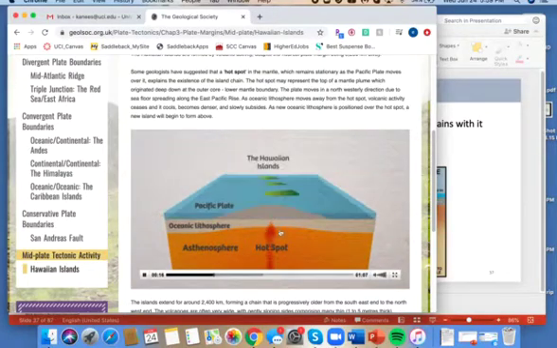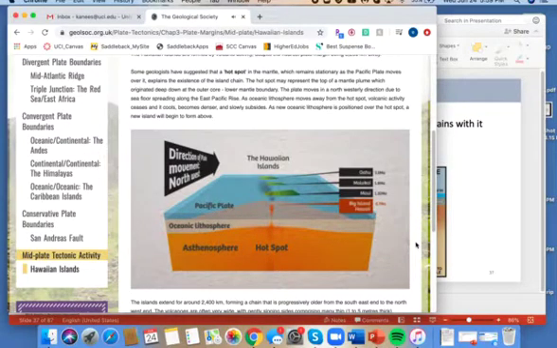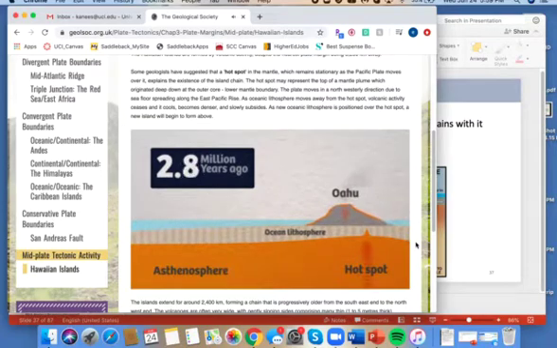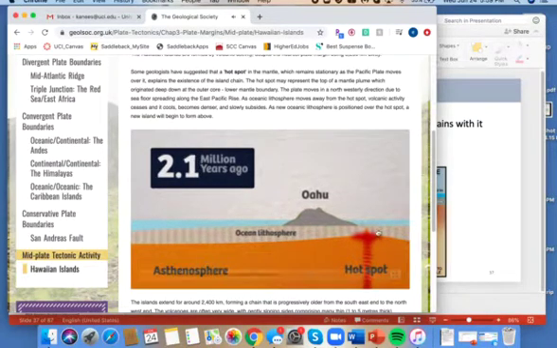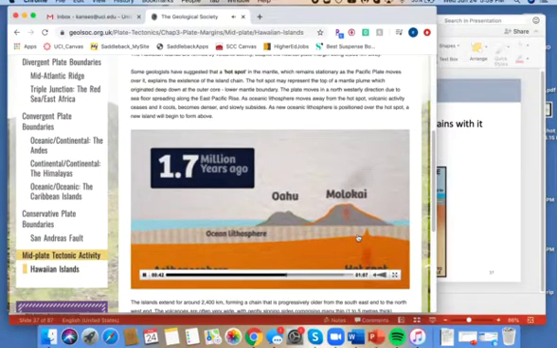So here is the hotspot rising up through the crust. So as the crust moves on top of the hotspot, new islands are formed.